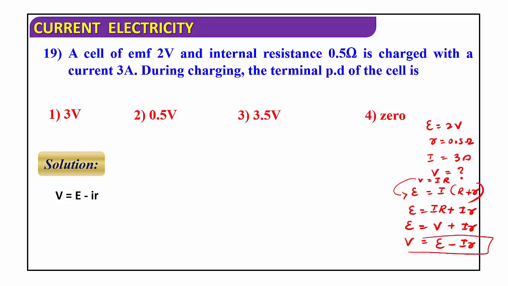They have given this equation directly here. So V equal to E minus Ir, substitute the values. The EMF of the cell is 2 minus the current, 3 ampere, into the internal resistance 0.5. Substitute the values and we get the answer V equal to 0.5 volt. 0.5 volt means the second option is the right answer.